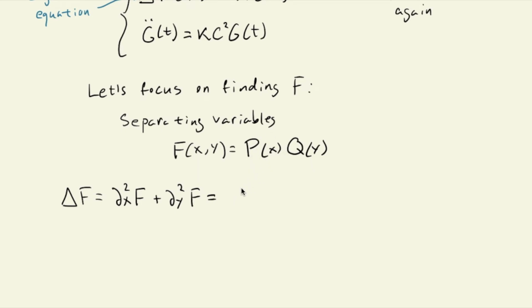So the second derivative in x of f is p prime prime times q. Plus, the second derivative in y will only take derivatives of q, because p doesn't depend on y. So the second derivative in y of f is going to be p q prime prime. So this is the Laplacian of f.